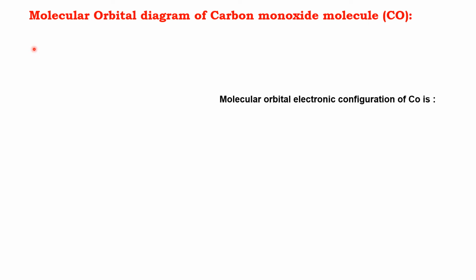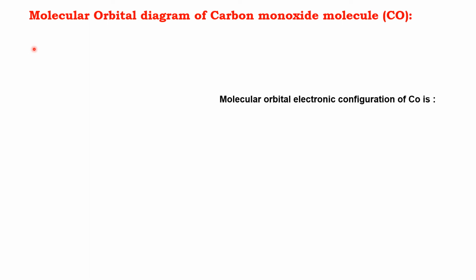And we know carbon combines with oxygen to form carbon monoxide. Oxygen is more electronegative than carbon. There are different approaches to explain the molecular orbital picture of carbon monoxide. Now we are seeing the basic preliminary concept.